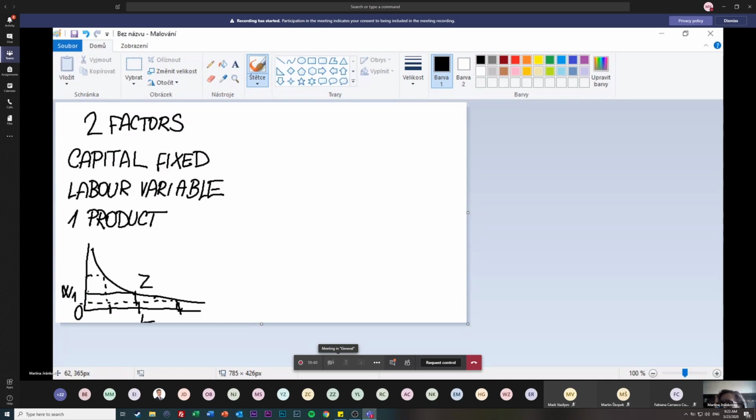The second thing we wanted to repeat is what the GDP is. I have told you that GDP is the hatched area. If we have OL workers, the GDP is this hatched area.